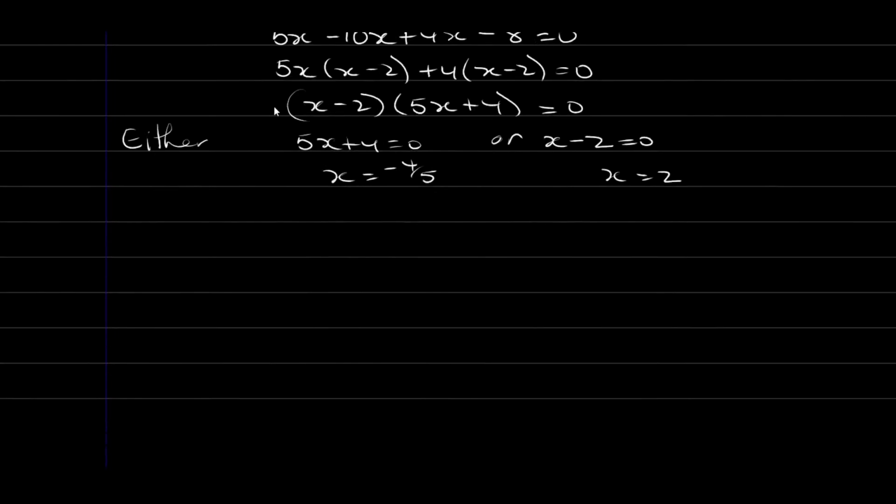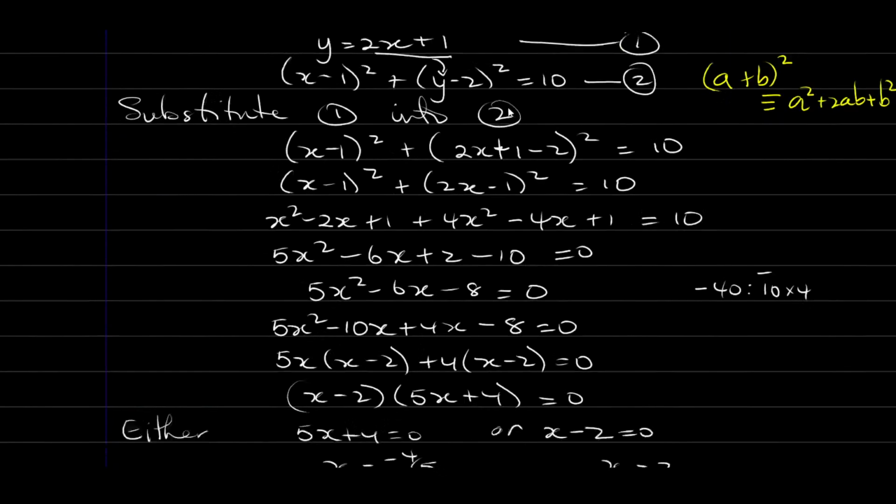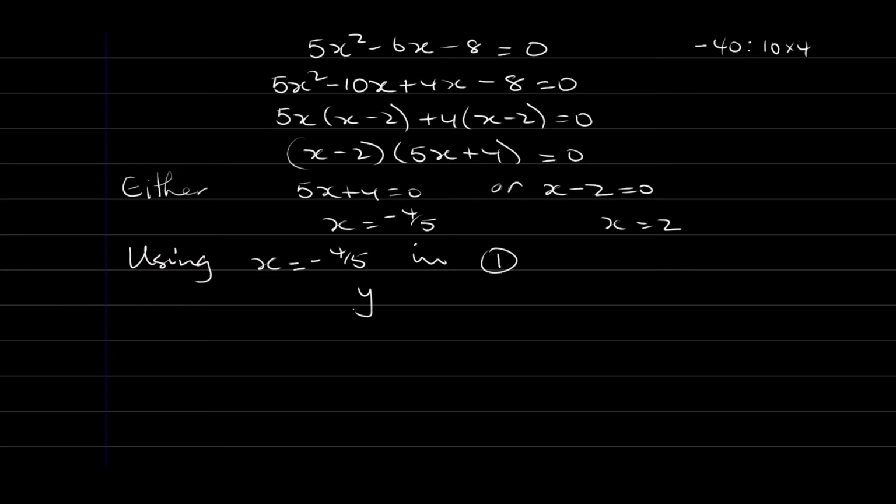Right, and then from there we're going to say, using x equal to minus 4 over 5 in equation number 1, so that is y equal to 2x plus 1, y is equal to 2 into (negative 4 over 5) plus 1, that is negative 8 over 5, and then I'm going to multiply the top and the bottom by 5 because this is just simply 1 over 1. So that is 5 over 5, and that is negative 8 plus 5, negative 3 over 5.